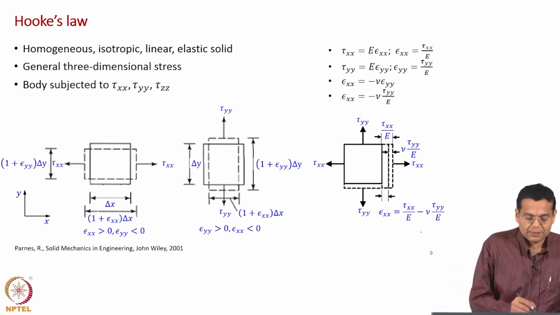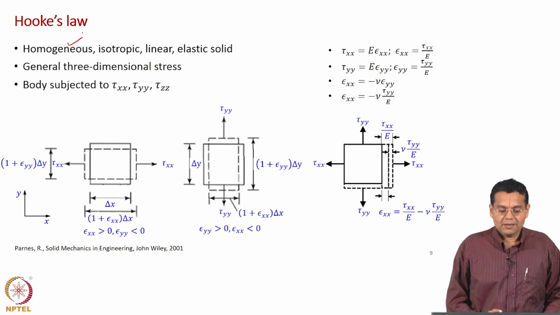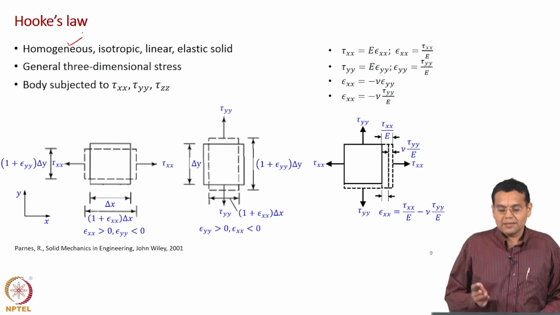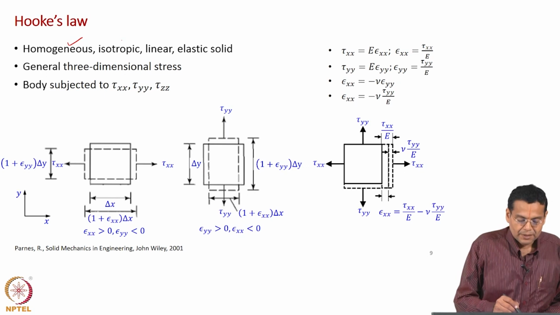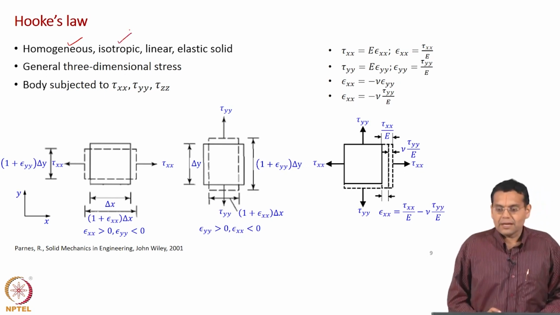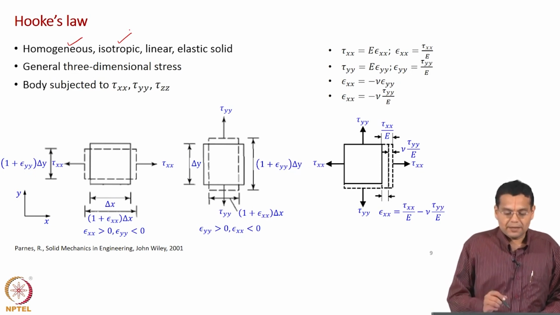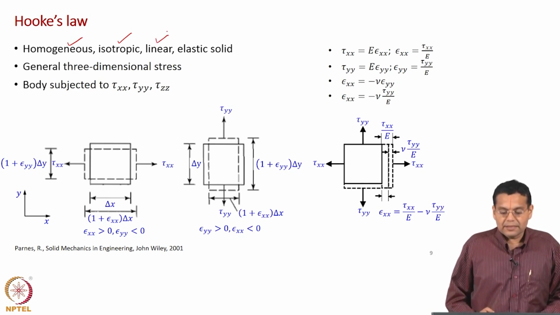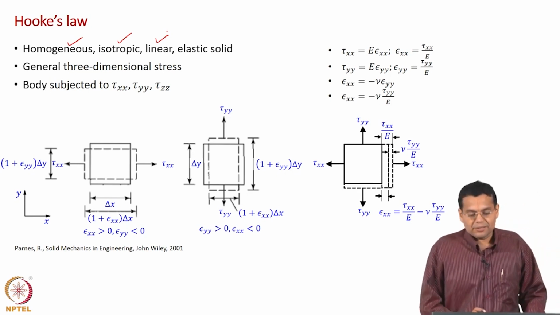Okay. So, what are the assumptions? Homogeneous: properties are the same at any point. Now, we know what properties are. We have looked at 3 material properties: Young's modulus, shear modulus, Poisson ratio. Isotropic: at a point material properties are the same in all directions, and linear, elastic, solid.